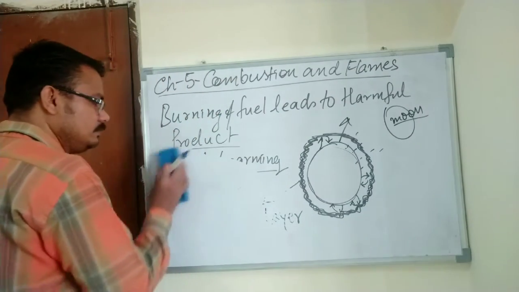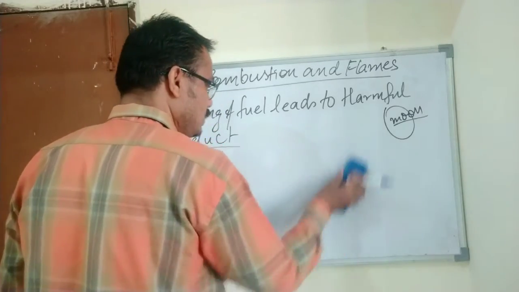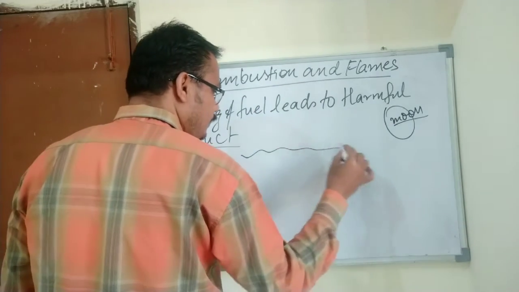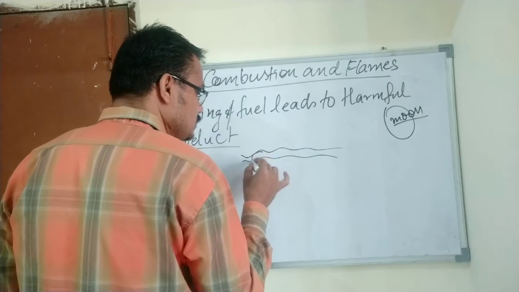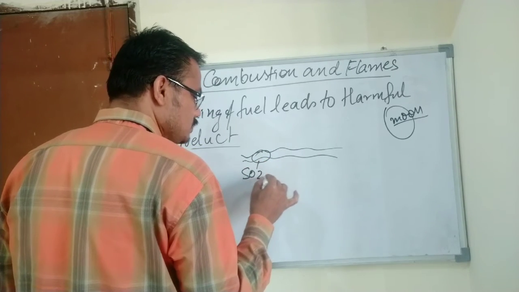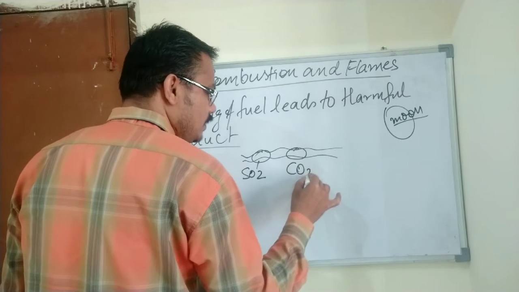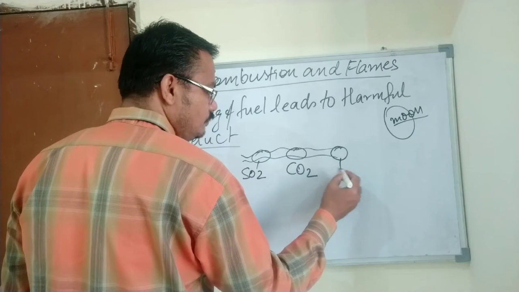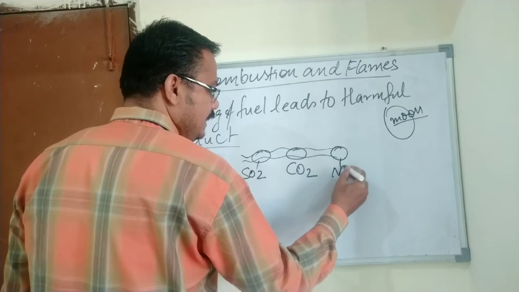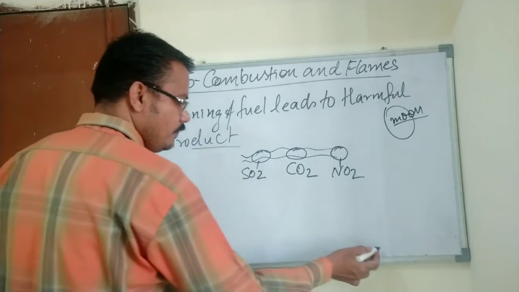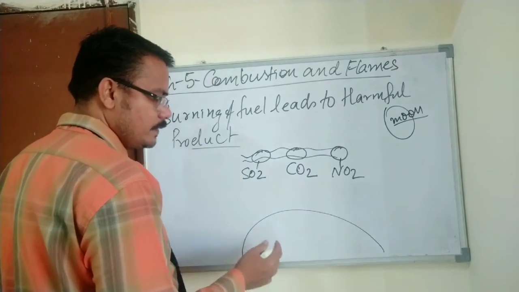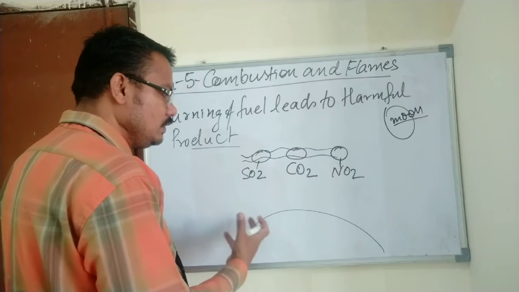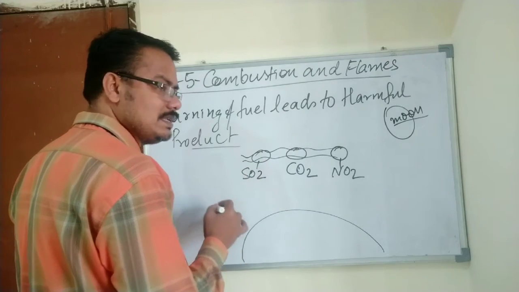And while these gases are going up in the layer of the atmosphere, suppose this is sulfur dioxide, this is carbon dioxide, this is nitrogen dioxide. Okay, when a lot of things, industries and vehicles and fuels are burning, they release these types of gases.